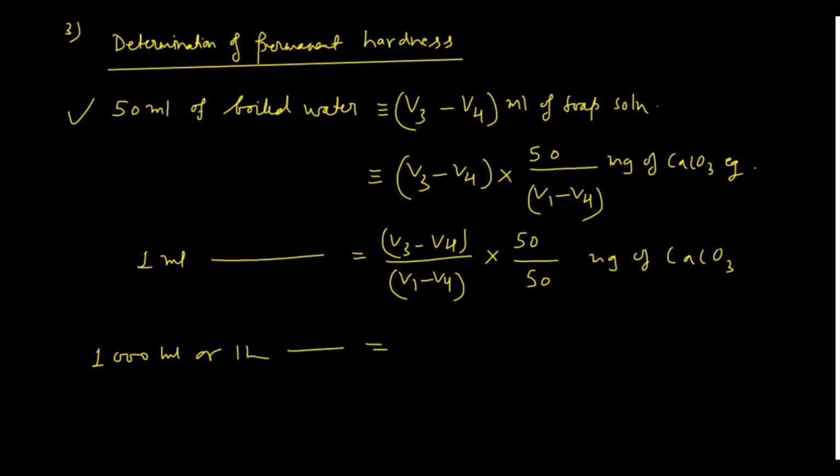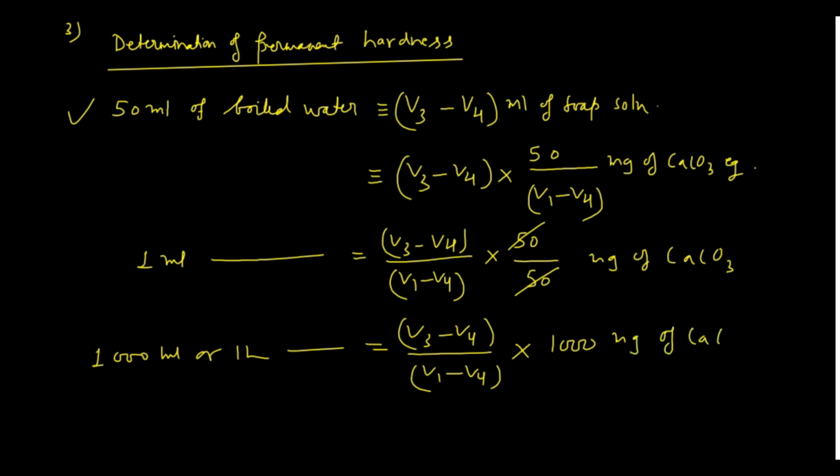So the 50 gets cancelled. This is V3 minus V4 divided by V1 minus V4, multiplied by 1000 milligram of CaCO3.